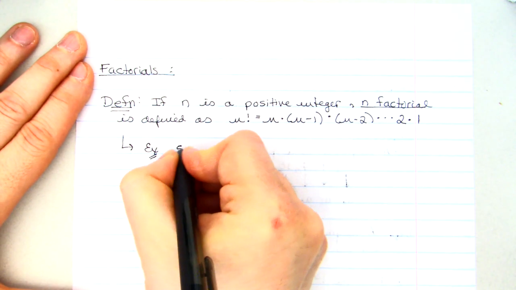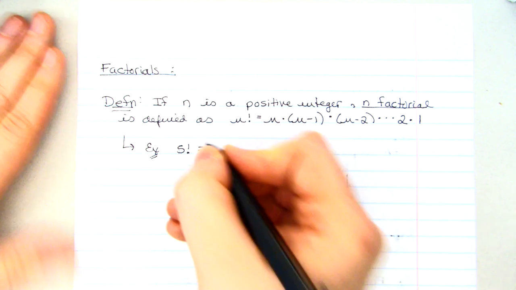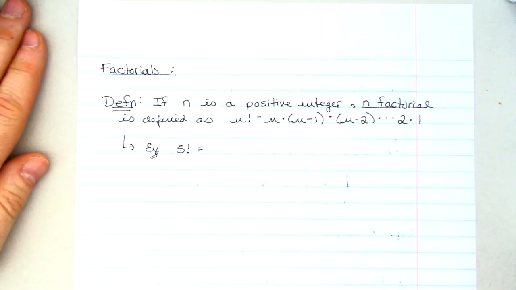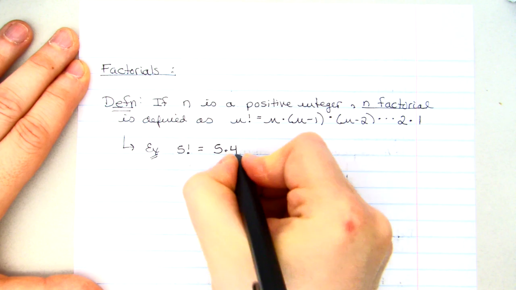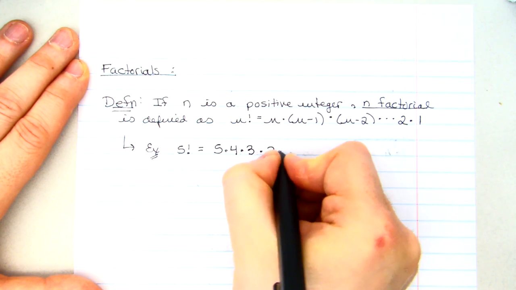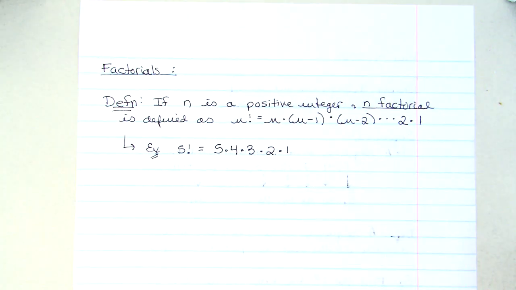For example, if we're going to do the problem 5 factorial, what's this really doing? What's the math behind 5 factorial? That's it. 5 times 4 times 3 times 2 times 1.